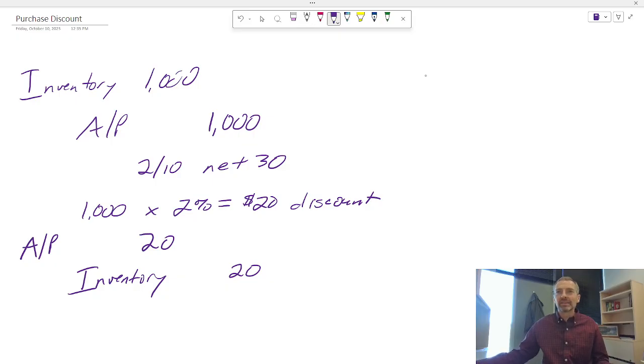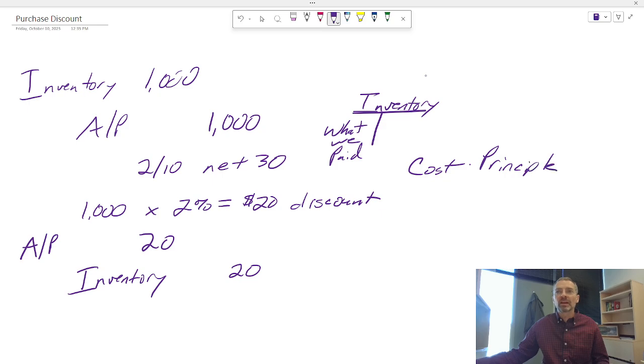Now, why is inventory going down? Well, what should be in the inventory account? It should be what we paid for it. This is also an example of the cost principle, that we record things at what it cost us. In this case, what did the inventory cost us?